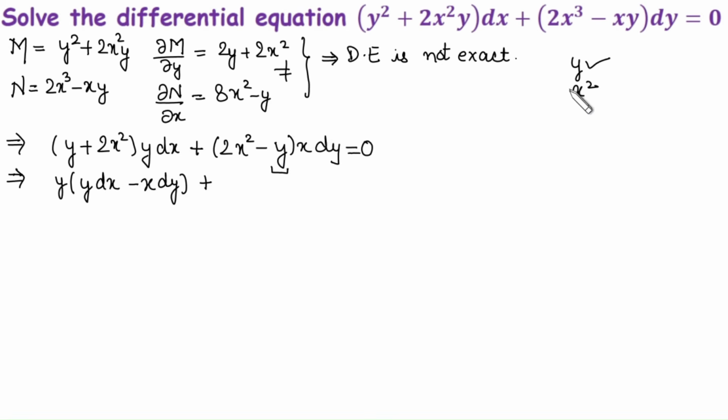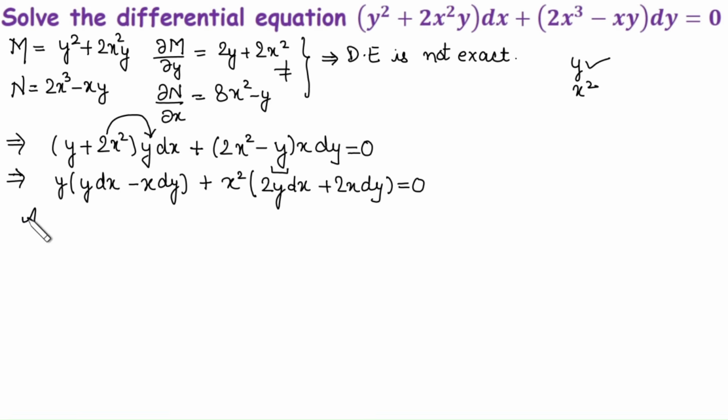Next is x square. So we can take x square outside. Don't take the constant outside. That must be multiplied with y. So you will get 2y dx, and in this case 2x dy is equal to 0.